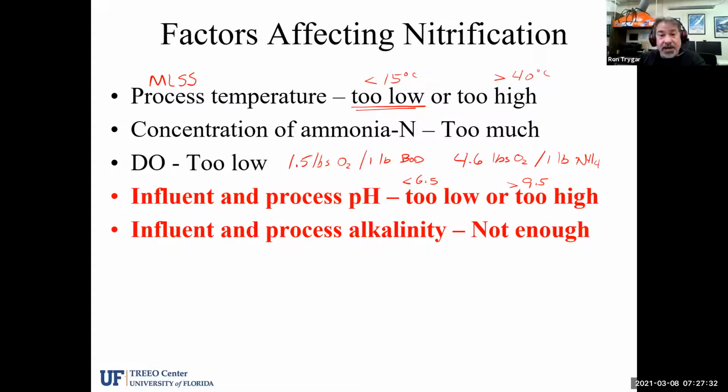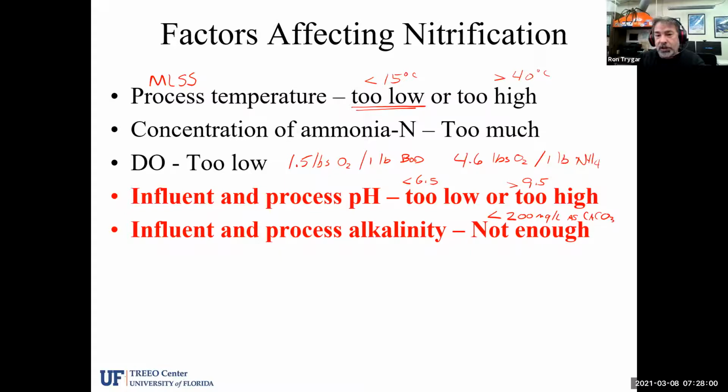So if we don't have enough alkalinity coming in the treatment plant, we are definitely going to have some problems. So we have to have enough alkalinity coming in. And when we say not enough, we mean somewhere that we're less than, let's say for this example, 200 milligrams per liter as CaCO3, and that's how alkalinity is expressed.